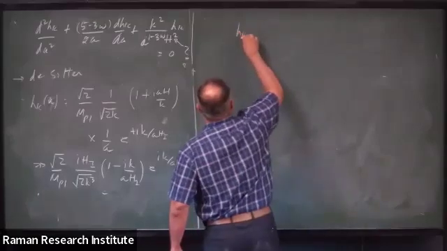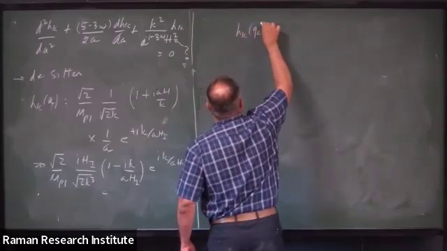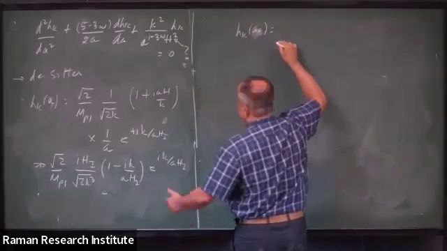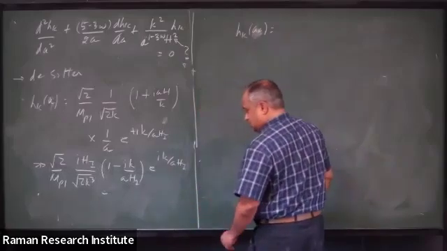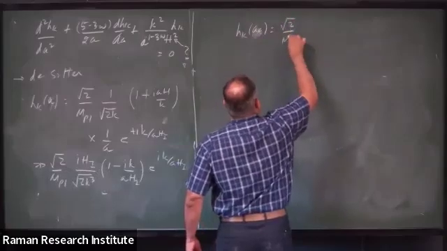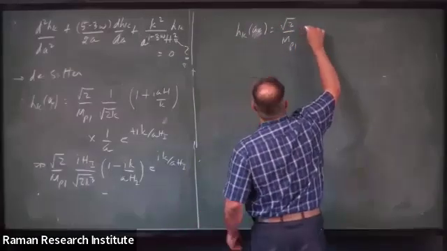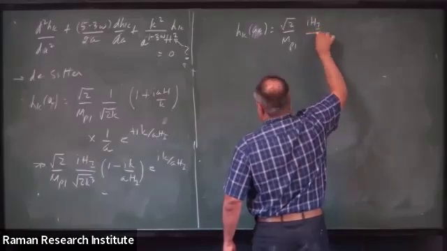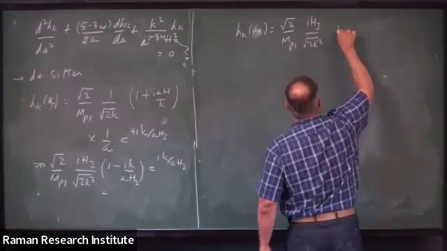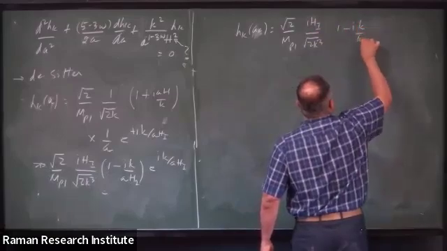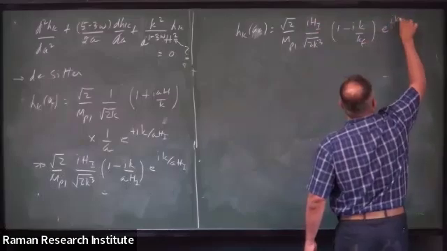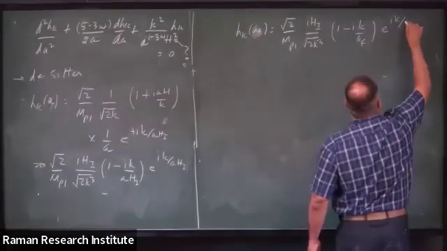I'm going to write this as h_k at the end of inflation, eta_E or a_E, as some quantity: root 2 by M_Pl, i H_I by root 2 k cubed, and then 1 minus i k by k_E, e to the power i k by k_E.